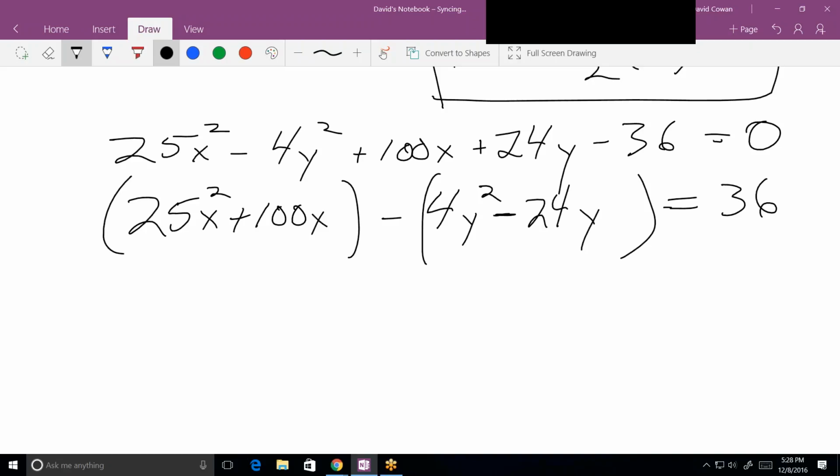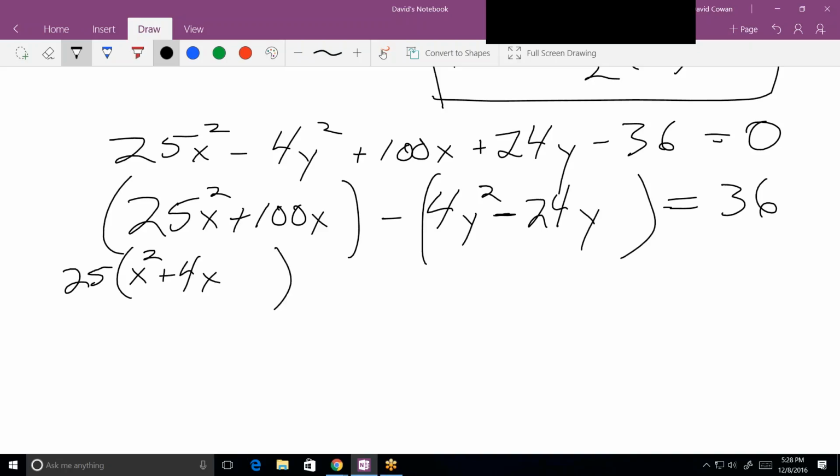You would factor out the leading coefficient of the squared term. For the x, it would be 25. So it'd be 25 parentheses x squared plus 4x, and then leaving space.